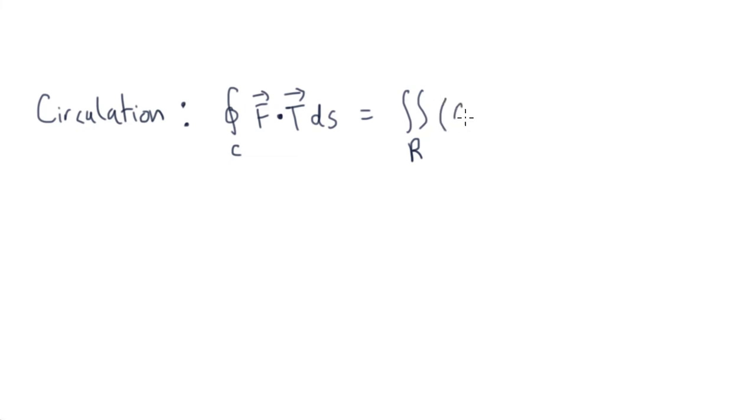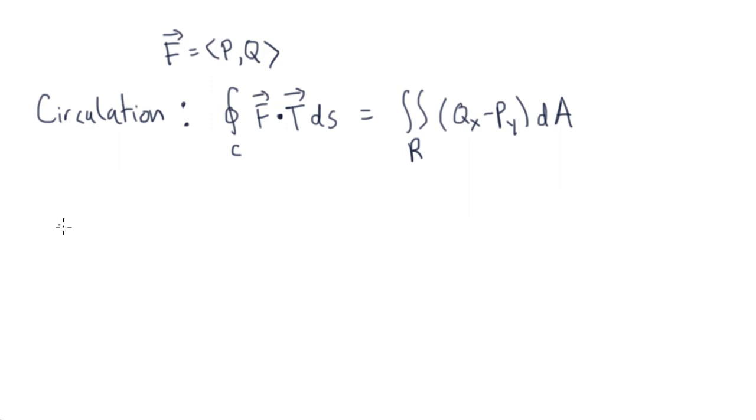So that was Qx minus Py. And so recall that for our vector field F, P and Q are the component functions.